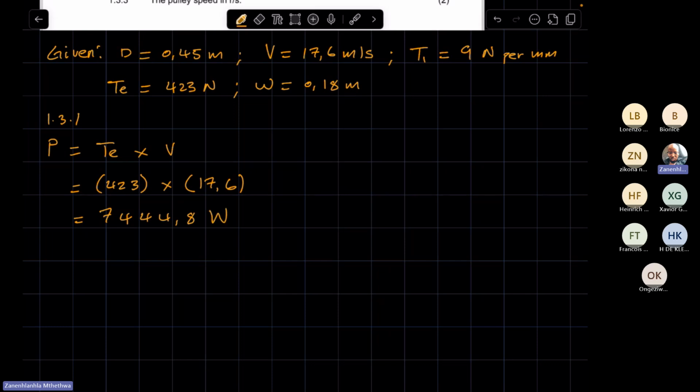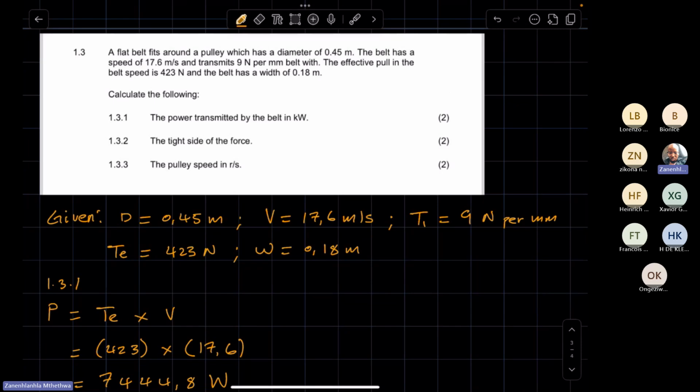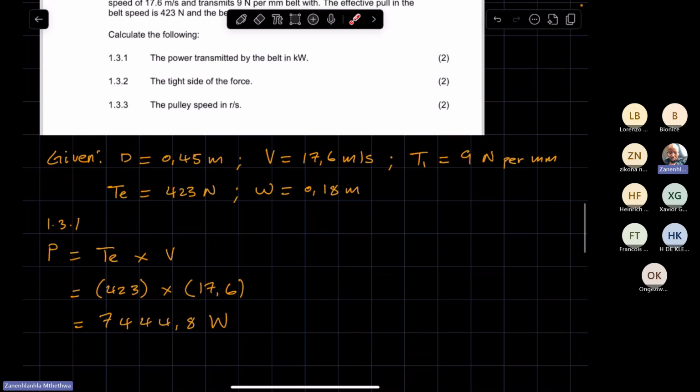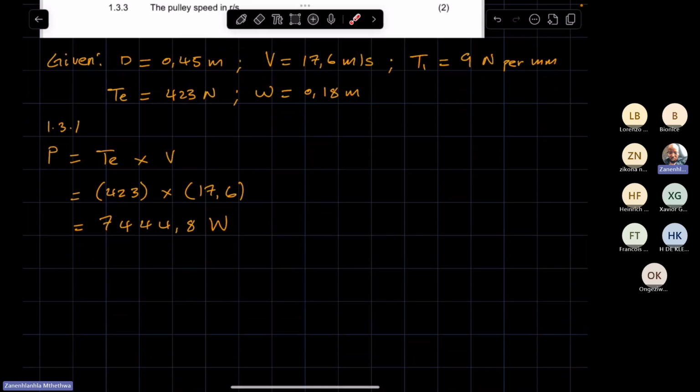Now, this answer is in watts, but here they indicated to us that we have to write our answers in kilowatts. So to convert from watts to kilowatts, you simply divide by 1,000. Dividing by 1,000 essentially means moving the comma backwards 3 times. So you move the comma by the number of zeros. In 1,000, there's 3 zeros. So you move this by 3 places, 1, 2, 3.